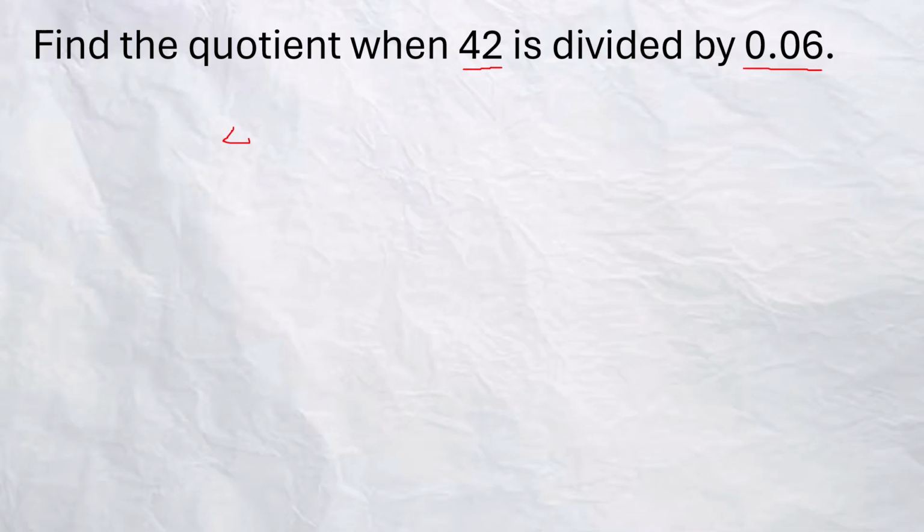So we have 42 divided by 0.06. We need to move 2 decimal places to the right in your divisor, that is 1, 2, for it to become a whole number. Since we move 2 times in your divisor, we have to move as well in your dividend 2 times to the right. So that is 1, 2.